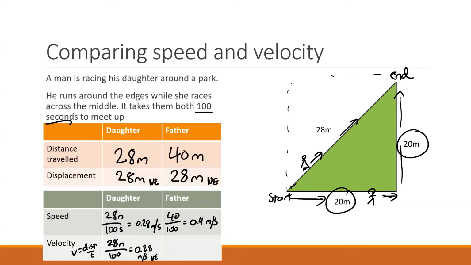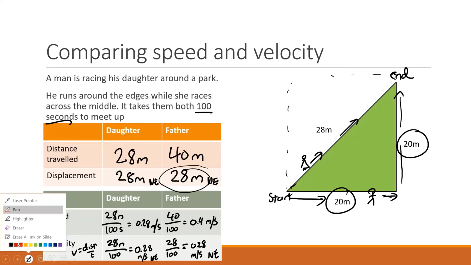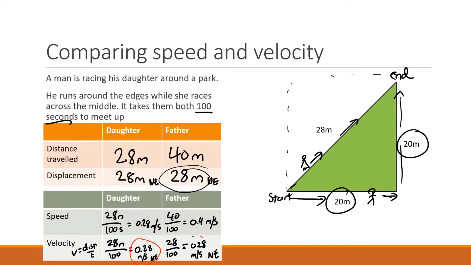And the father's velocity is his displacement, which was 28 meters in 100 seconds. So it's 0.28 meters per second northeast. They both have the same velocity, and that's the kicker here. They have the same velocity.